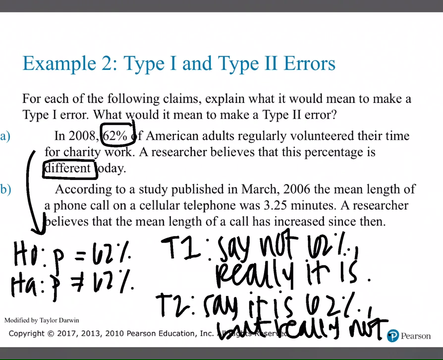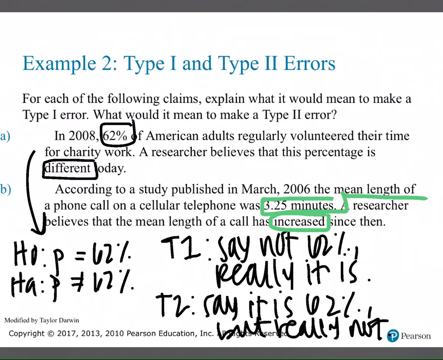The same could be said for B. According to a study published in March 2006, the mean length of a phone call was 3.25 minutes. A researcher believes the length of the time has increased. So maybe we say, no, it's not 3.25 minutes.